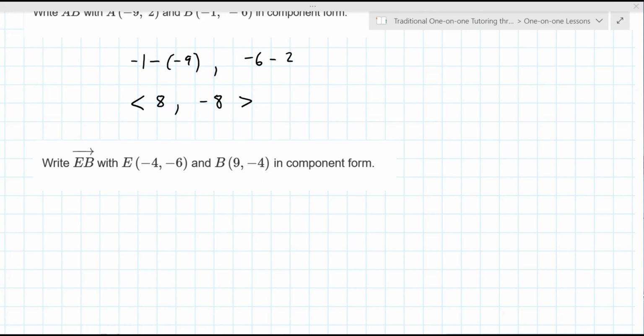Thirteen comma 2. All right. Looks good. Okay, so the next question.